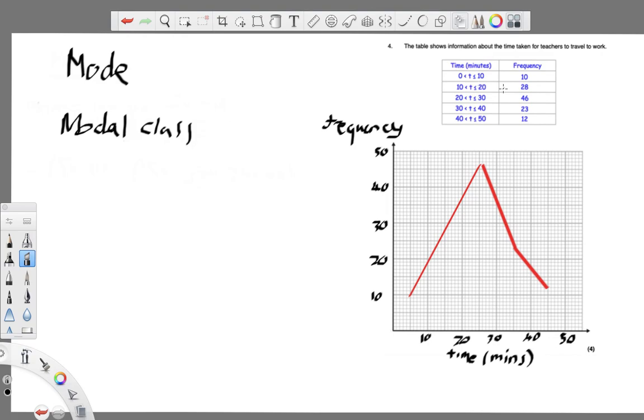Well, we search for the highest frequency in our table and we find that it was the 20 to 30 class, so that is the modal class. So in an exam or a test, if you're asked to write down the modal class, you search for the class with the highest frequency and you write that as the answer.